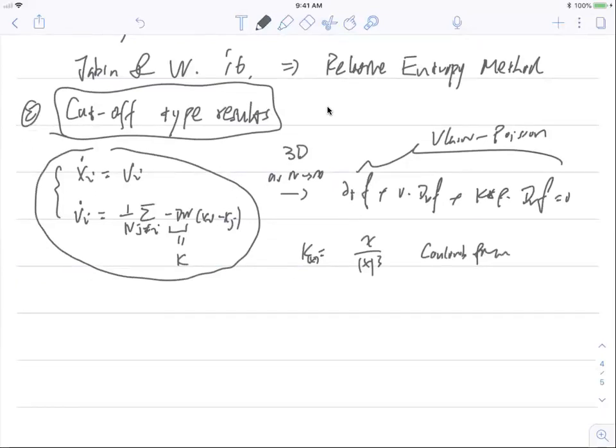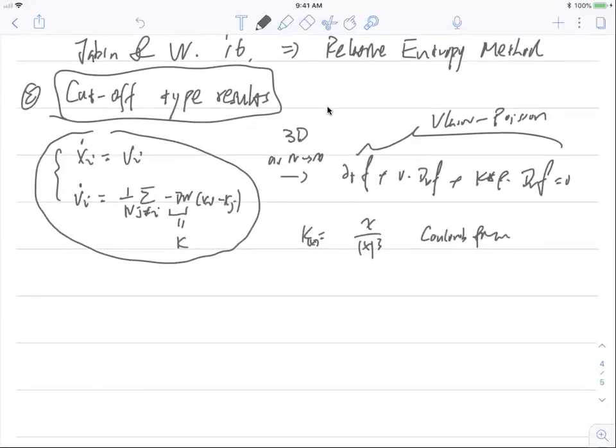So they try to regularize this kernel K by a parameter delta, and this delta depends on n. So K epsilon n x is some regularization.